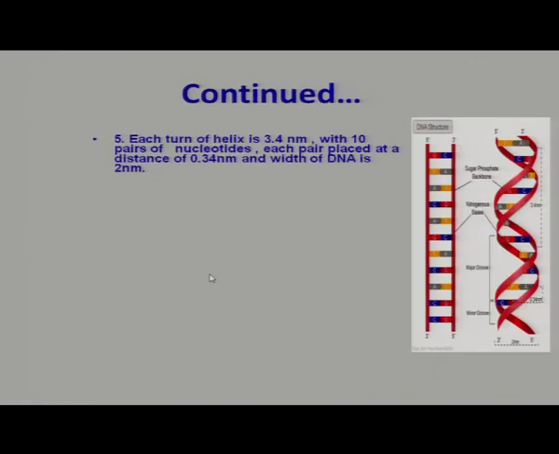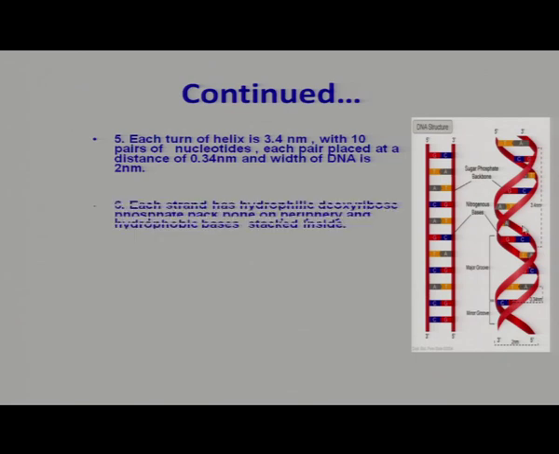The next point of this Watson and Crick model is each turn of the helix is 3.4 nanometer. That means one complete turn has a length of 3.4 nanometer with 10 base pairs of nucleotides. In this complete one turn there are 10 base pairs, and the distance between 2 base pairs, here you can see, is 0.34 nanometer and the width of the DNA is 2 nanometer.